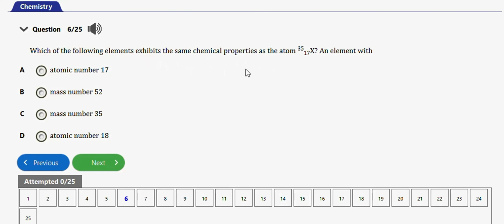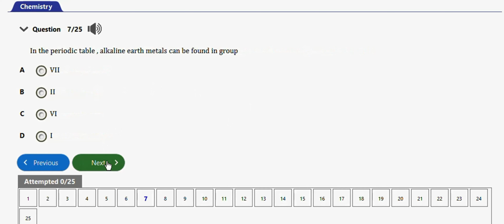So they have the same chemical properties as this atom. Okay, so this atomic number is the proton number, basically. So the next question will be this one. It says in the periodic table, alkaline earth metals can be found in group 2, option B. Next question will be this one.